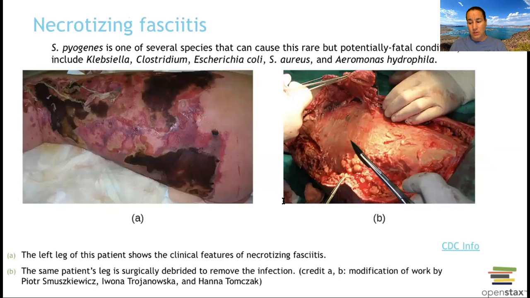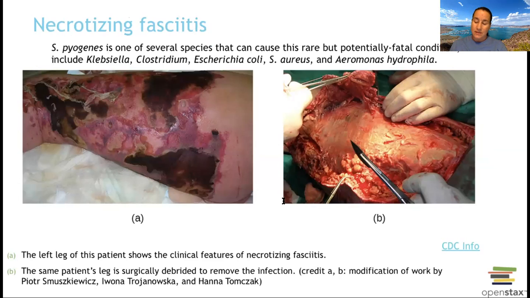In this situation, though, some of these guys are really fast acting. So this picture is hideous. It's horrible. This is necrotizing fasciitis. You've probably heard of the flesh-eating bacteria, but it's not just one type. If we could just say flesh-eating bacteria was one type, that'd be great, but it's not.